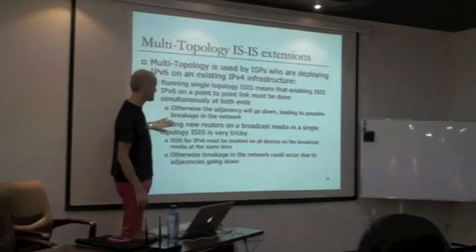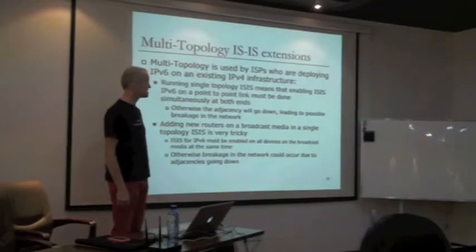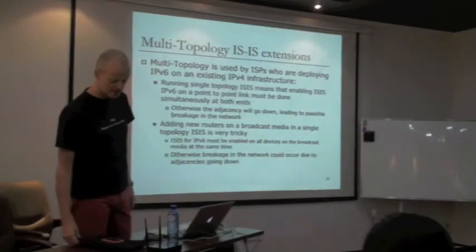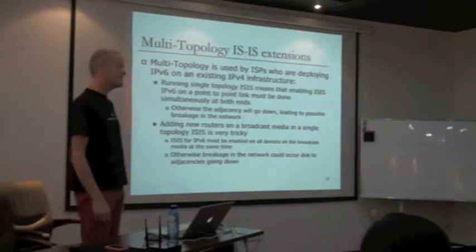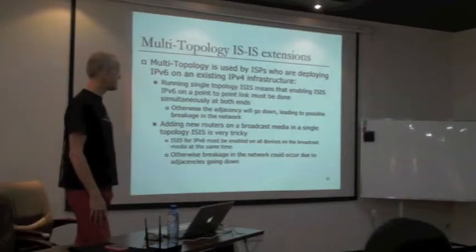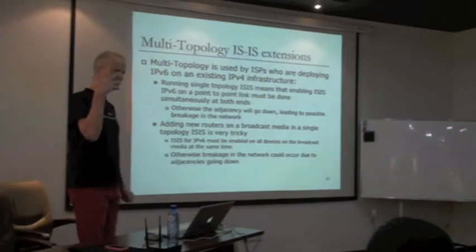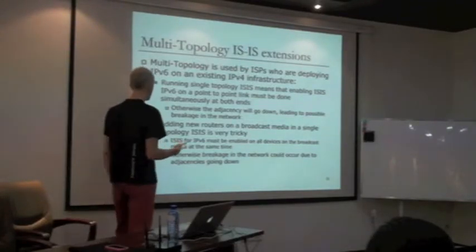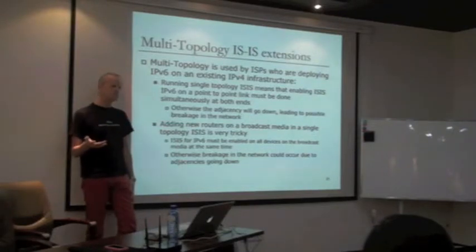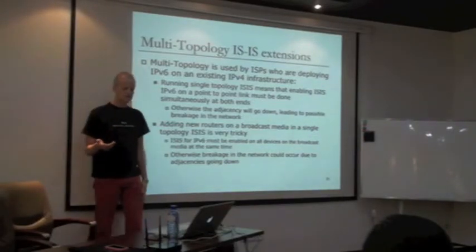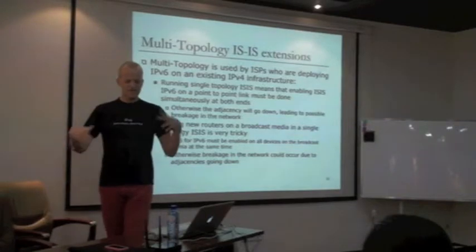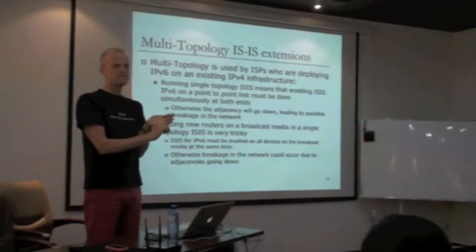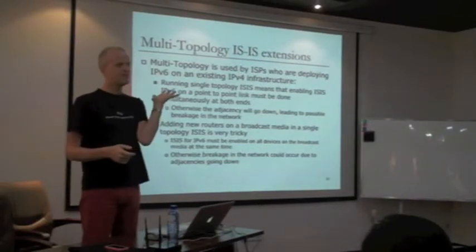Adding new routers on broadcast media in single topology IS-IS is actually very tricky. One of my co-instructors who teaches at APRICOT and AFNOG was running a big ISP in Malaysia, and they had Cisco and Juniper routers on the network. They had big problems trying to deploy new devices in a single topology setup. The reason is, when they plug in the Juniper router, Juniper will bring up v4 and v6 at the same time, whereas Cisco will only bring up v4.